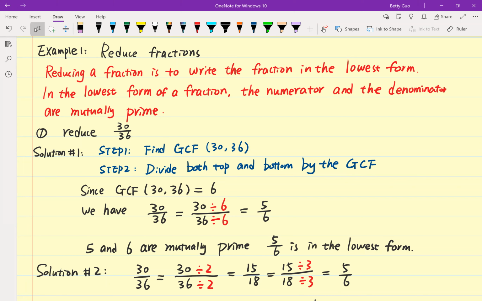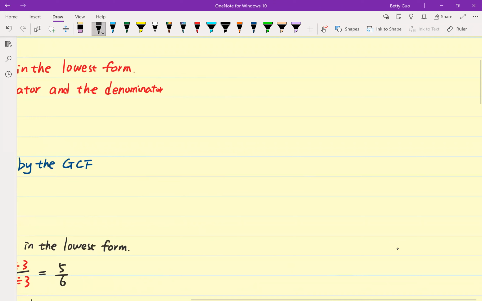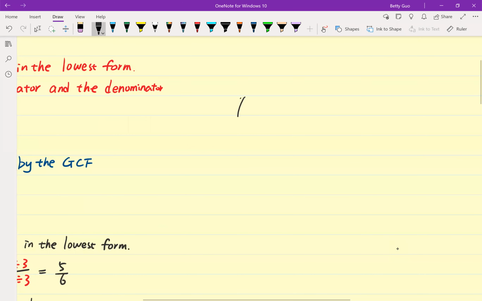Let's see the first example. Reduce 30 over 36. I'm going to write a solution here. We're going to reduce this fraction 30 over 36. The numerator is 30, the denominator is 36.